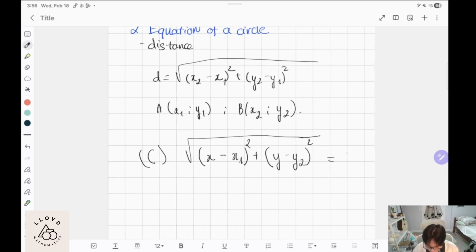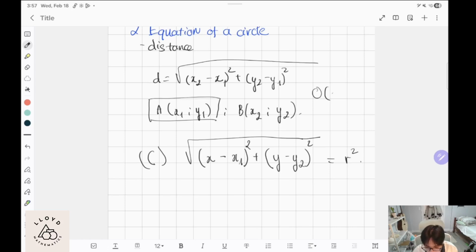The center point is not A with x1 and y1; the center point O is h and k. We don't know h and k, so we write x minus h, and here y minus k, is equal to r, which is the radius, right?